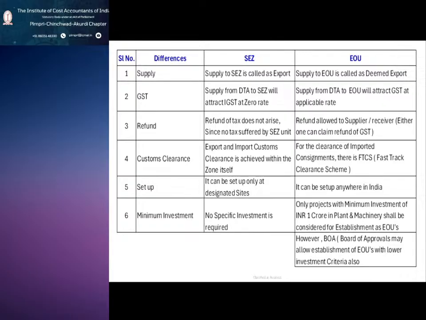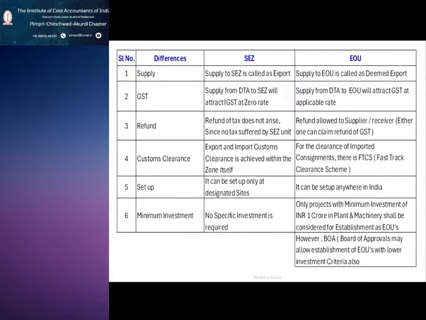Then if it is EOU, supply from DTA to EOU will attract GST at applicable rates. It's normal, the same as if you are invoicing to any other DTA area, even if you are invoicing to export oriented units.